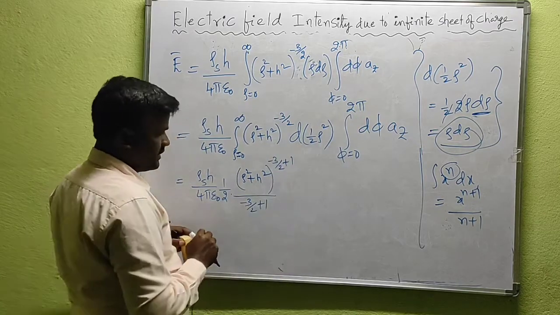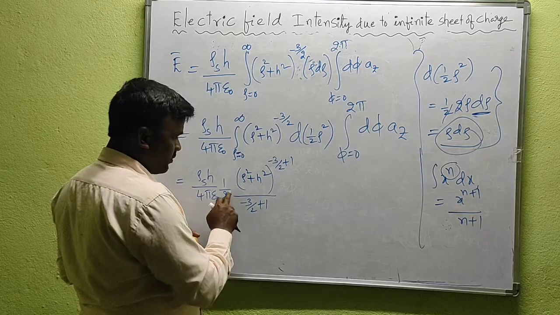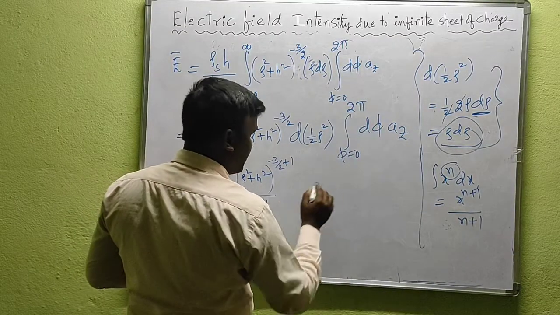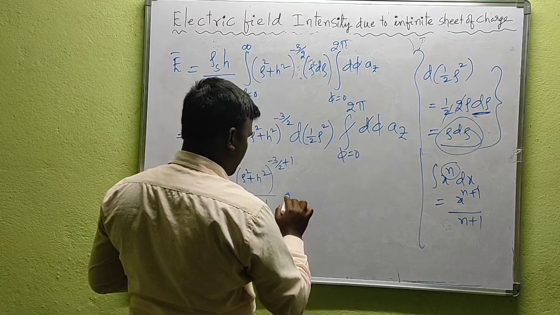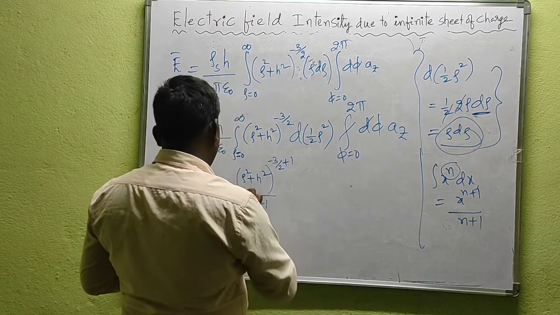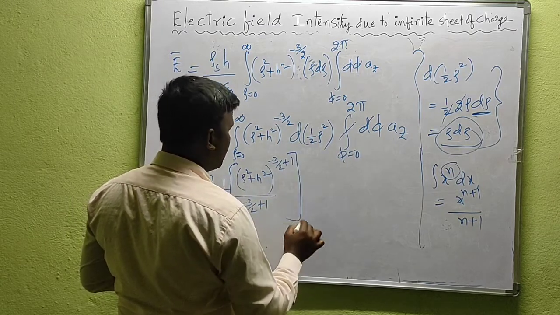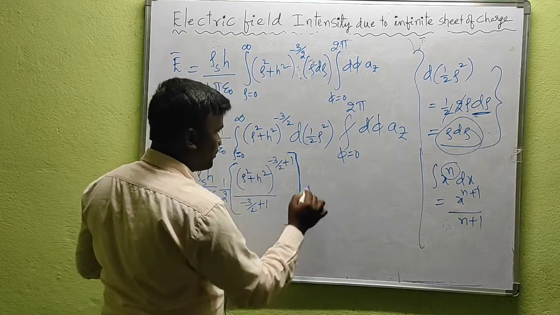Clear? And perform the integration. Here integration and differentiation cancel. So remaining part is 1 by 2 into this thing. Limits of that rho are from 0 to infinity.